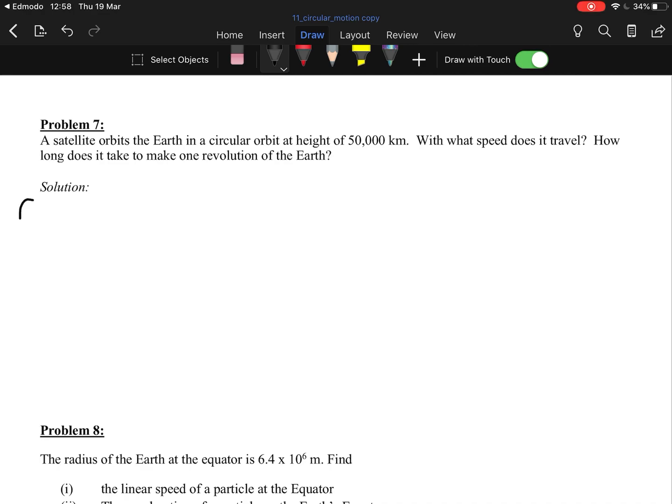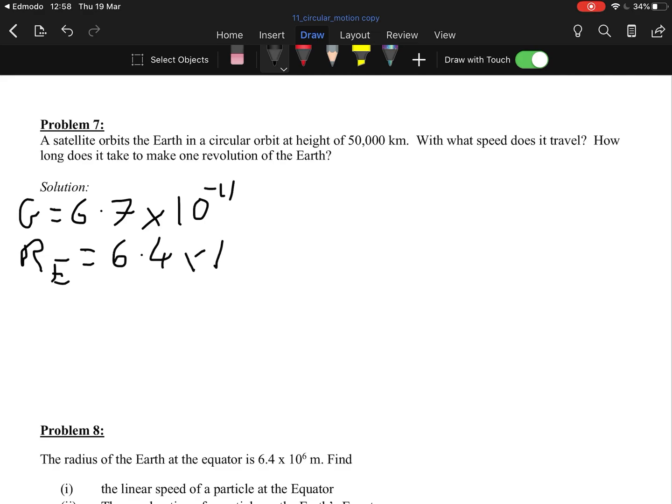So what's given to us is what's always given to us, which is G, which is 6.7 by 10 to the minus 11. The radius of Earth is 6.4 by 10 to the 6 meters.